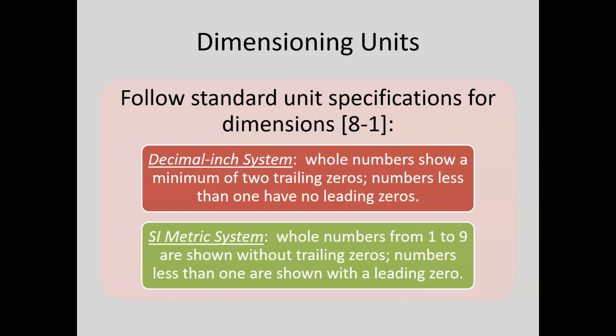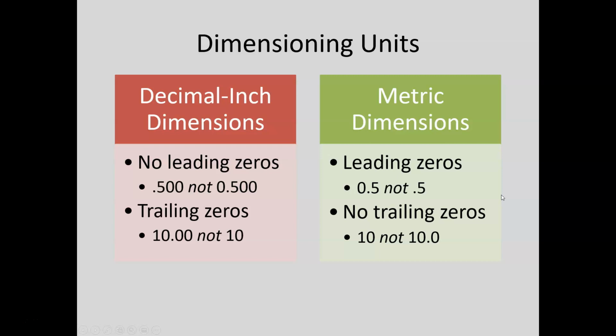For the metric system, we do the opposite. Whole numbers from 1 to 9 are shown without trailing zeros. Numbers less than 1 are shown with a leading zero. So what does that mean? Well, for the decimal inch, no leading zeros. So it's .500, not 0.500.